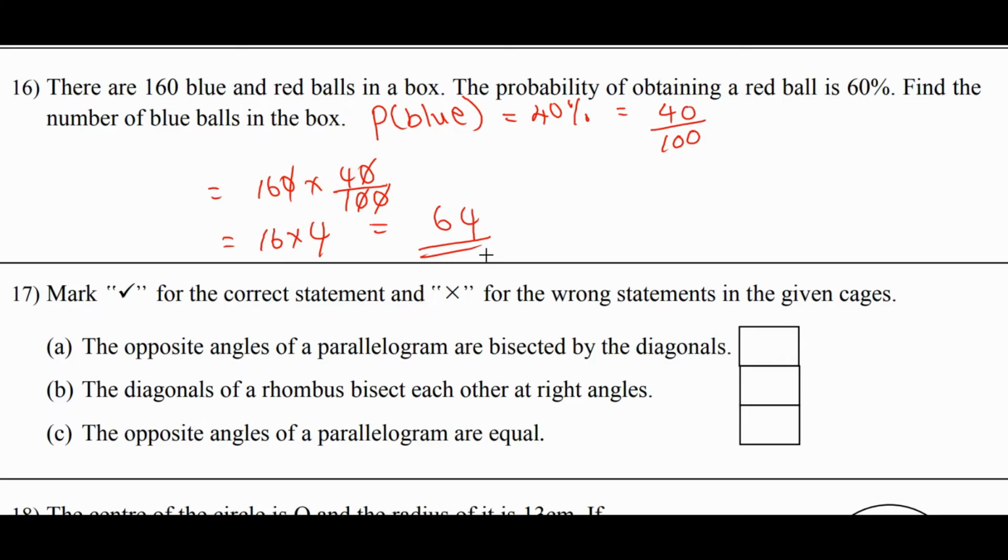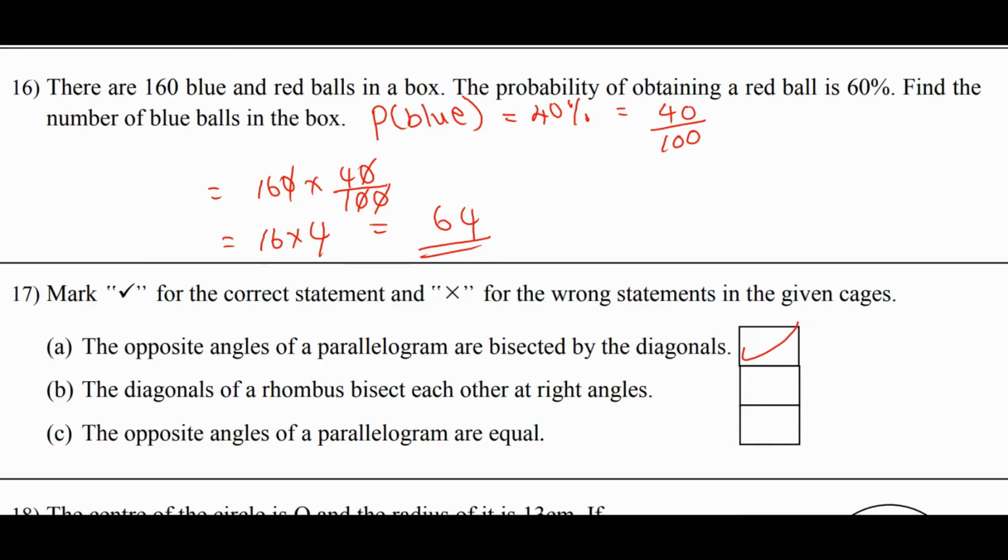Question number 17. That's also an easy one. Mark a tick for the correct statement and a cross for the wrong statement in the given cages. The first one, part A: the opposite angles of a parallelogram are bisected by the diagonals. Yes, we know that's true.